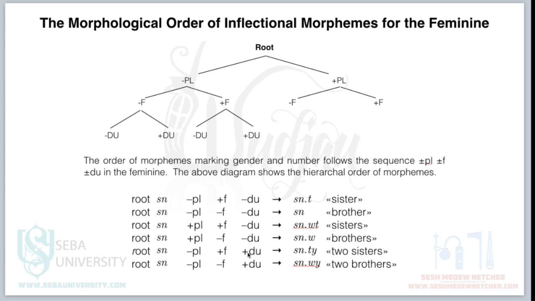Declension is a fancy way of saying the inflection of nouns and adjectives, which means how a word changes form in order to reflect grammatical features such as gender and number. For example, in English, it's very simple. If I say book, that's singular. If I say books, that's plural.